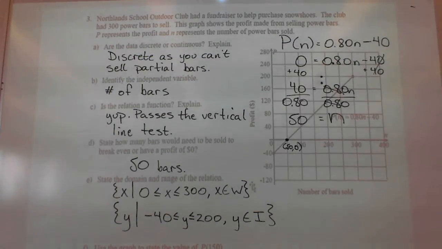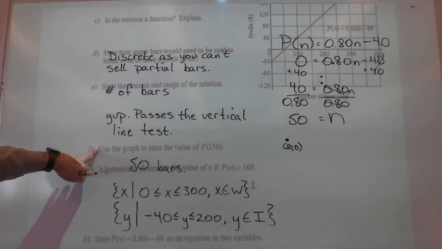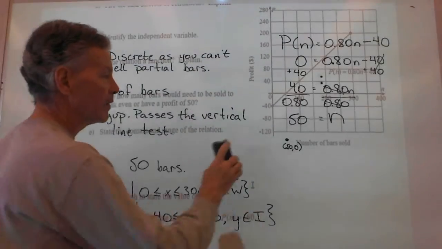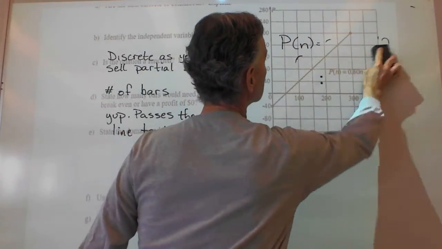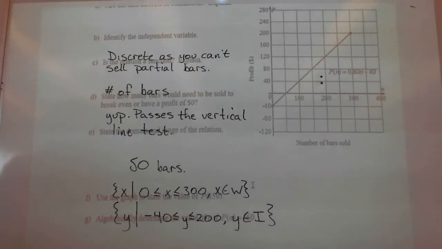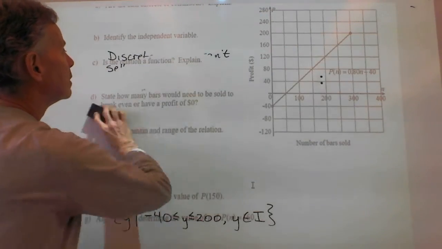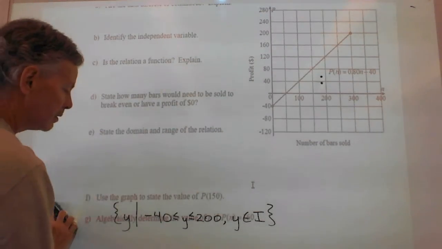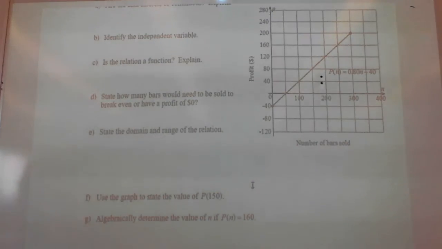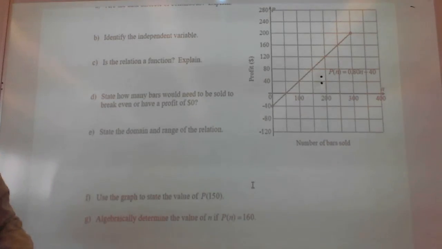We're almost there, guys. This one says, use the graph to state the value of p at 150. Now I'm just going to erase this because it's getting messy. Now remember, function notation is a little bit different from a regular equation.